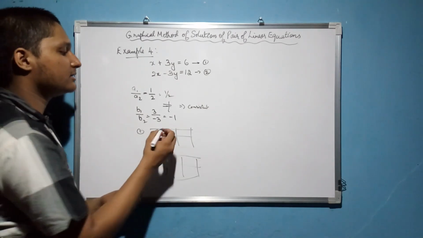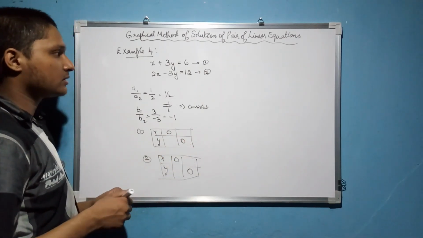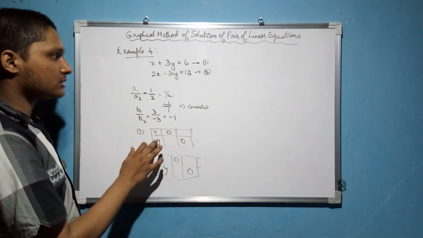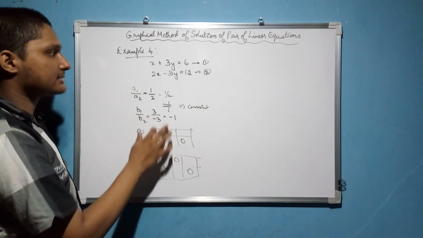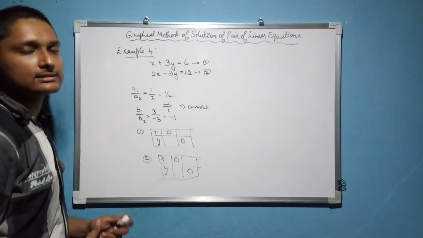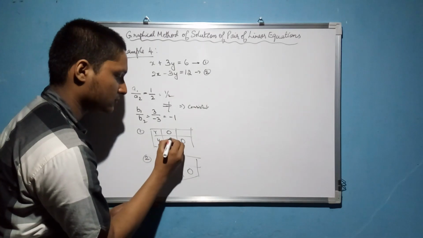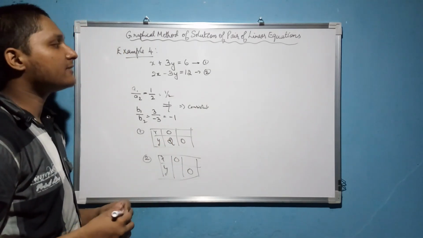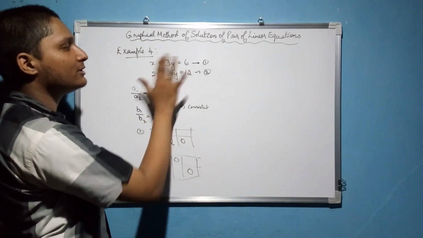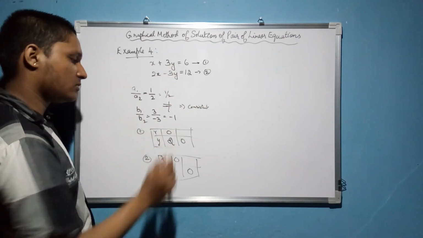Similarly, when I substitute x is equal to 0, this is going to vanish. You get 3y is equal to 6, which means y is equal to 2. In the second case, y is equal to 0, that 3y is going to get cancelled. You have x is equal to 6 in that case.